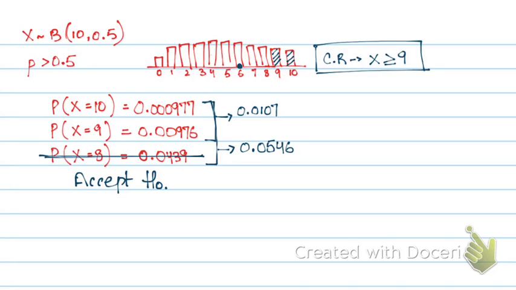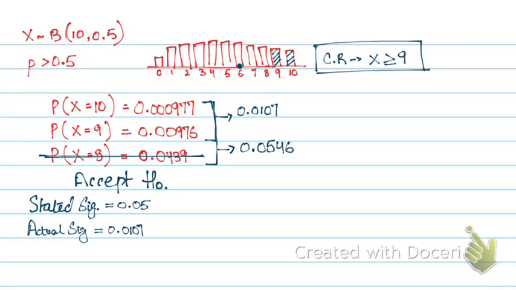Our stated significance level was 5%. That was given to us in the question. But we calculated our actual significance level, that is 0.0107.